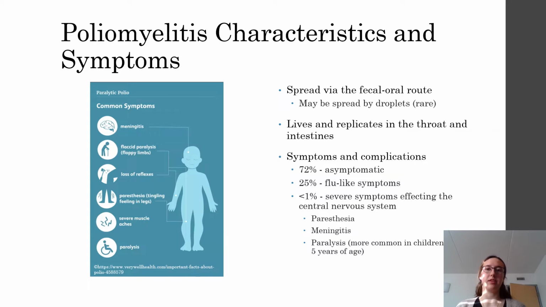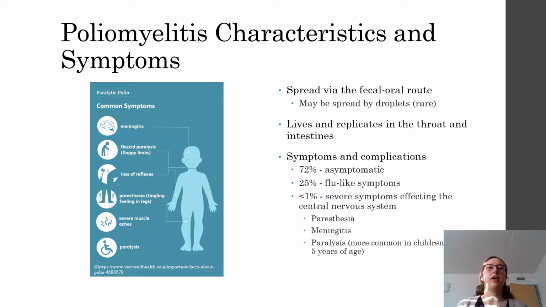However, when those severe symptoms develop, they are very severe, and this is symptoms including paresthesia, which is a tingling in your arms and legs, meningitis or inflammation of the brain, and paralysis, which is what polio is historically and commonly known for. This is more common in children under 5 years of age, and it is the most severe symptom that results from polio and can lead to death.